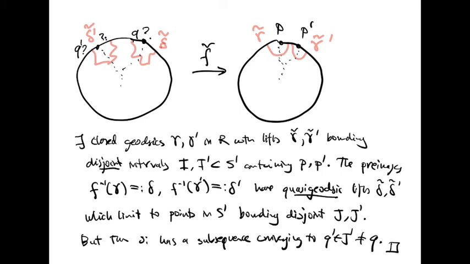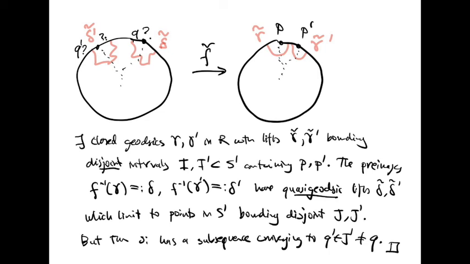Let's let delta be the preimage of gamma and delta prime be the preimage of gamma prime under the map F. Since these are compact curves, their lifts, delta twiddle and delta prime twiddle, are quasi-geodesic. This means that they limit to points in the circle, and these points in the circle bound disjoint intervals J and J prime.